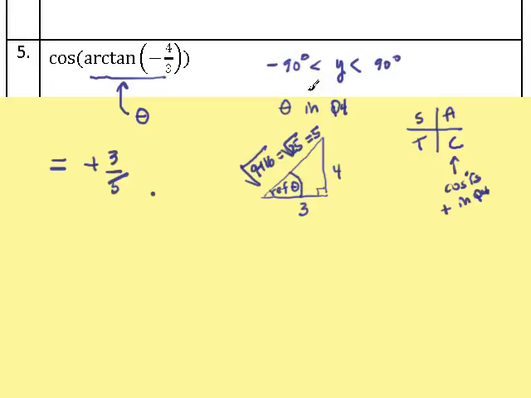We figure out what the cosine of this angle is, and then based on what quadrant we're in, we decide if the cosine is positive or negative. Since we're in quadrant 4, because the tangent value is negative, we know that cosine is positive.